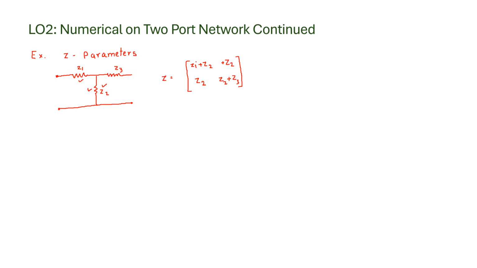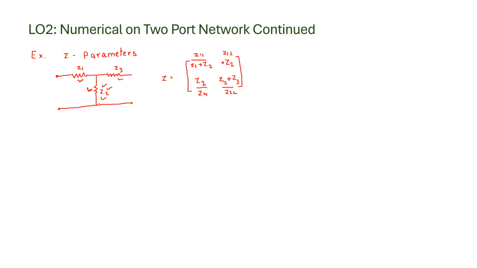So how do you find Z11? Z11 is this impedance plus this impedance. This is Z12, which is the value of this impedance Z2, and this is Z21, which is equal to Z2 again, and this is Z22, which is equal to Z2 plus Z3.